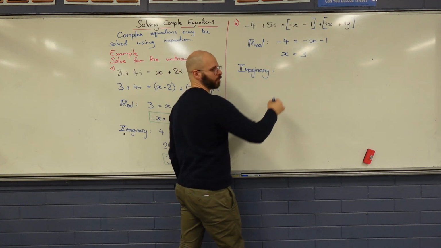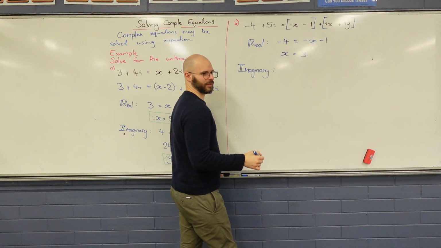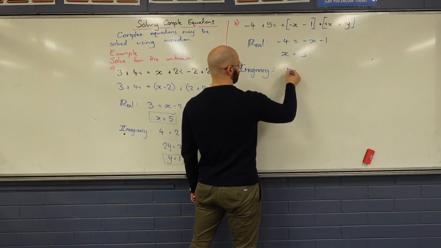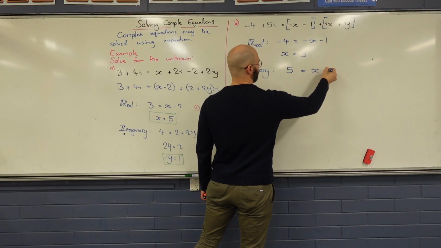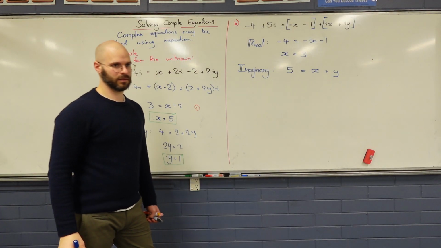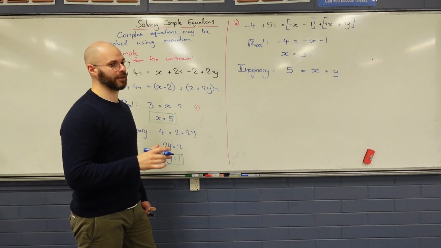Help me out please, Alex. How are we going to start this imaginary equation? 5i equals ix plus 5i. Remember, we don't need to put the i's in there. Just x plus 1. The coefficient on the i is your imaginary part.